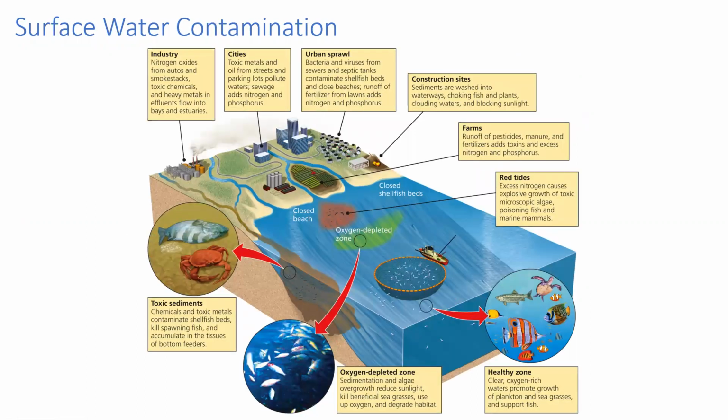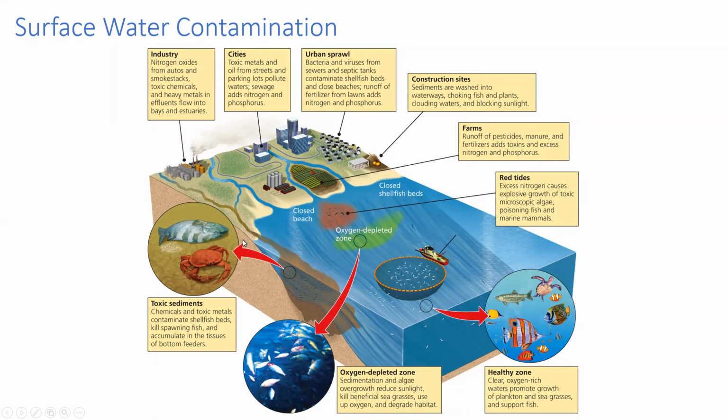So that was contamination of the groundwater, and then we have the second source of water, which is the surface water. In the surface water, because of industries, cities, urban sprawl, construction sites, and farms, they are continuously dumping water into the surface water sources.